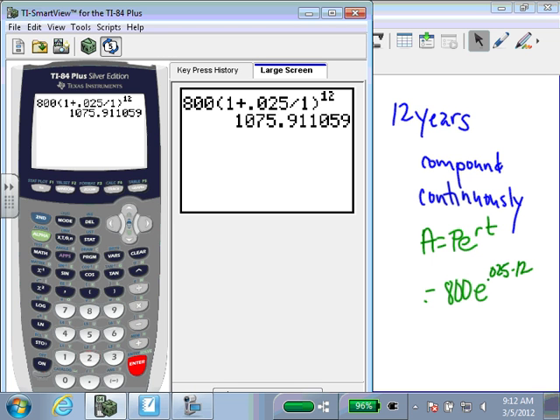So we have about $1,075.91 if we round properly.